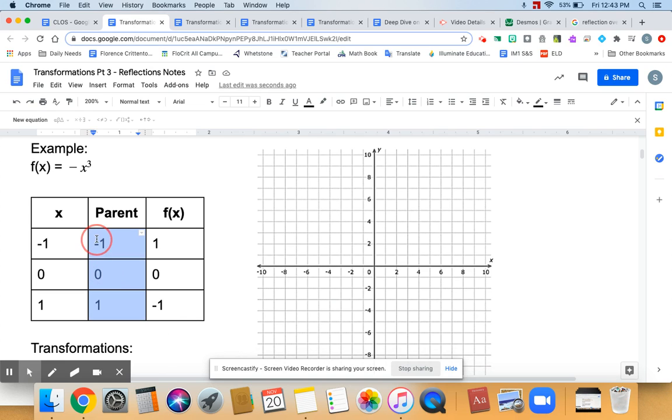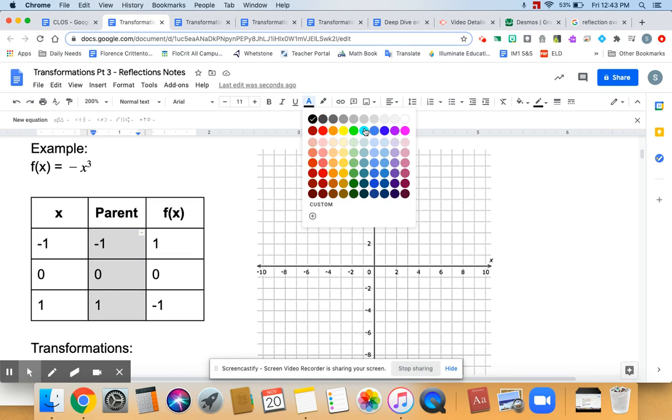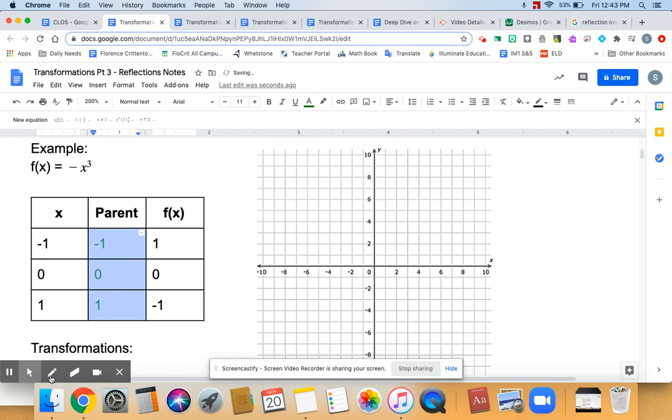So if I were to graph the parent function, a cubic has this point at 0, 0, and it goes right one, up 1. And then the third point is left and then down. And from that vertex, I'd S up on the right and then go down on the left.